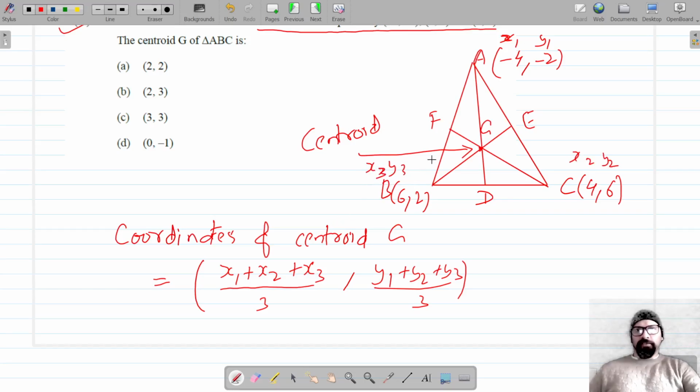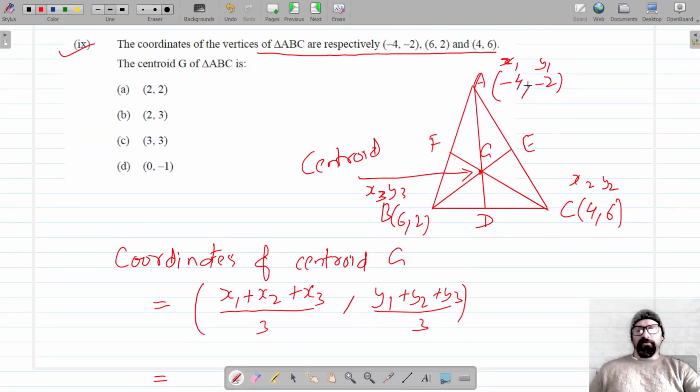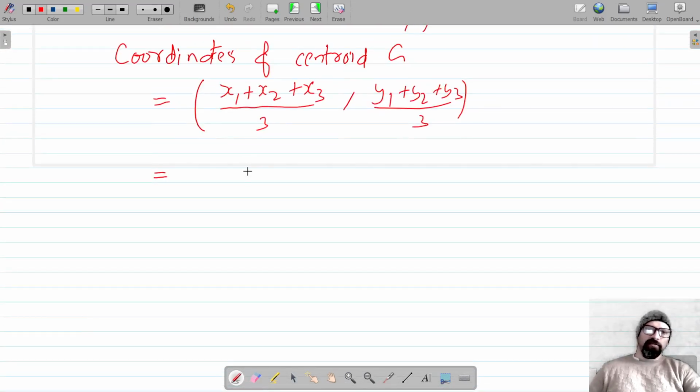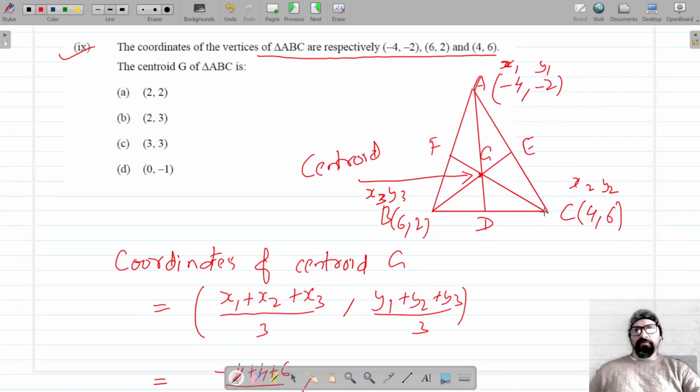Okay, now let's put in the values of x1 x2 x3 and y1 y2 y3. So x1 x2 and x3 are negative 4, 4 and 6 divided by 3. So negative 4 plus 4 plus 6 divided by 3, and the other one is negative 2, 6 and 2.